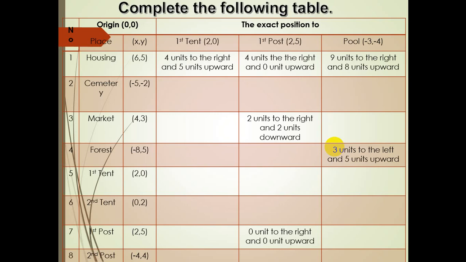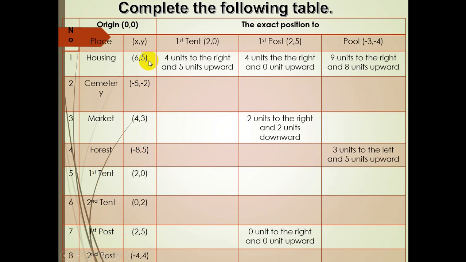If you want to train yourself to improve your math skills, try to complete the following table. I already give you the following table like this. This is the origin, and then this is the place. There is housing, cemetery, market, forest, the first tent, second tent, first post, and the second post. I will give you the example for number 1. Take a look.